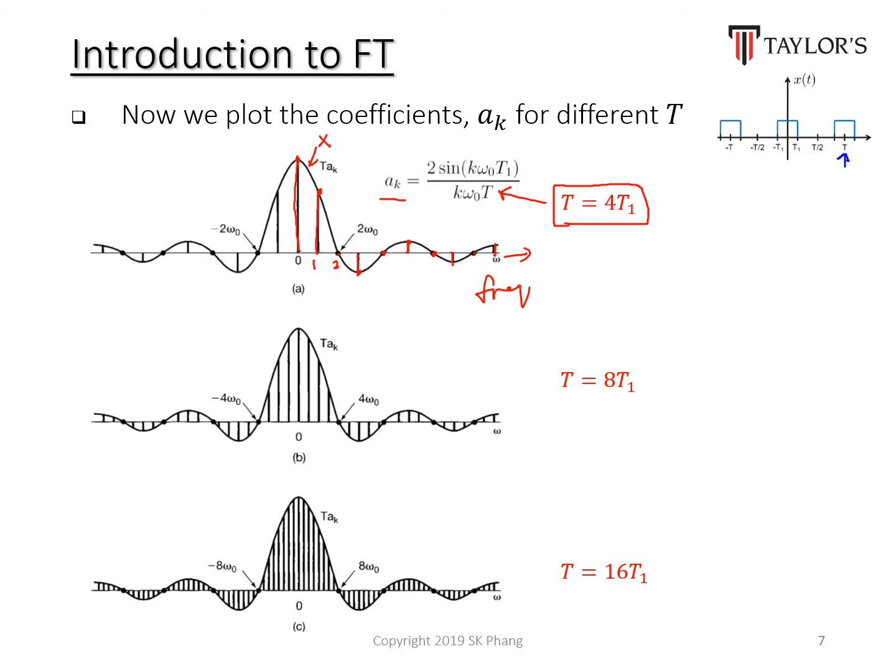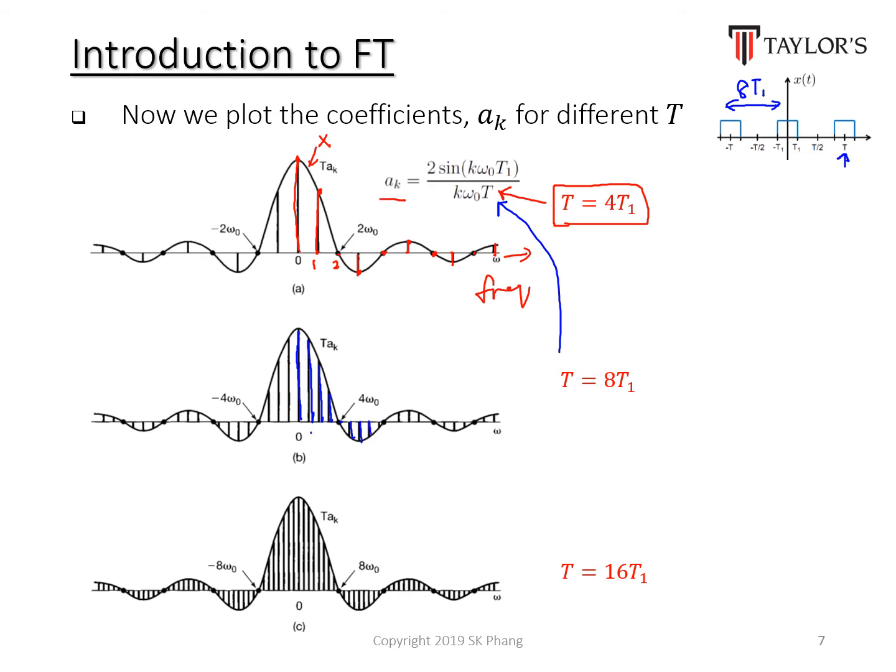But what if we increase the distance between them? Initially T was 4t1, now it becomes 8t1. When you increase it and substitute it back into the same equation, you get different answers. The spikes form closer together instead of broader apart.